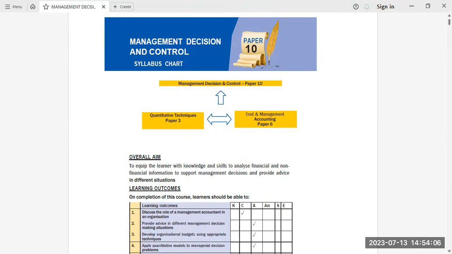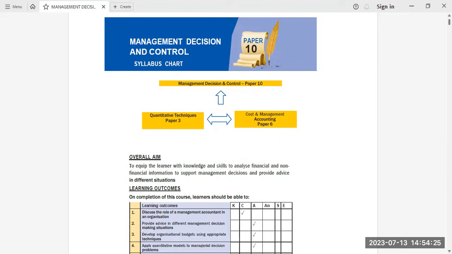So as we said, the MDC paper is, first of all, a level 2 paper, and it has other papers that are feeding into it.